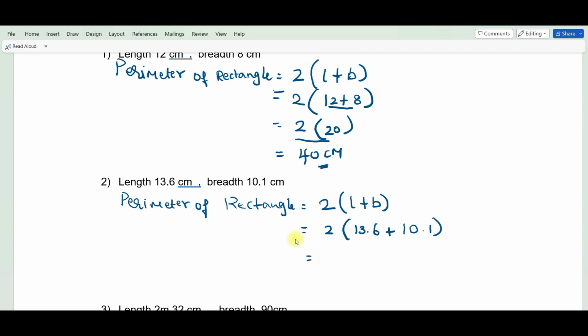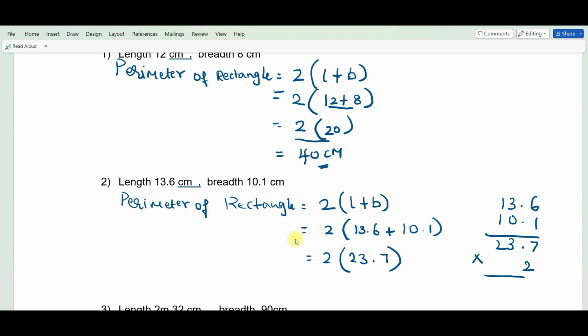So it is equals to 2 bracket open. So we have to solve this, that is 13.6 and 10.1. So I would be getting 7 here, 3 and 2. So this is the summation of these two. So that is 23.7. So now I have to multiply this with 2 to get the perimeter.